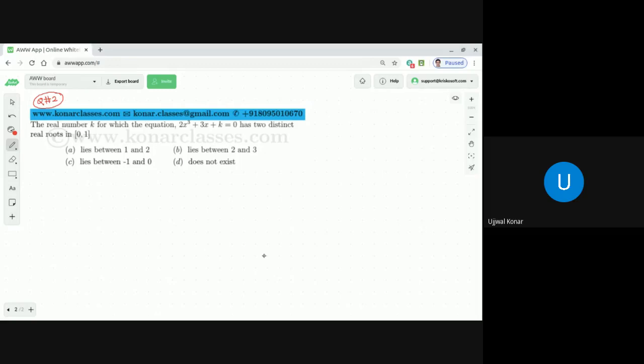So, dear students, a real number k for which the equation has two distinct real roots.